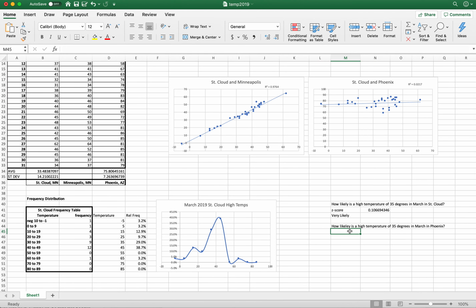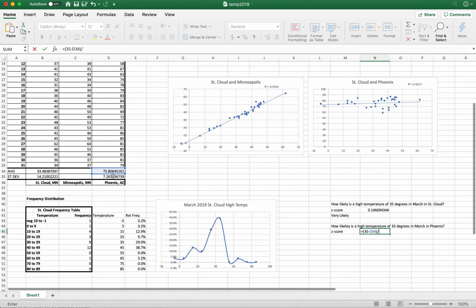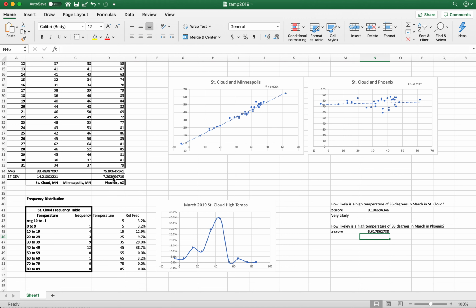So to calculate the z-score, I'm going to say equals, again, I'll use that data point of 35 degrees. I'll subtract the average and divide by the standard deviation. And this gives me a z-score of negative 5.62. Now remember, I just said that any z-score that's less than negative 3 would be very unlikely. So that should be our answer here, very unlikely.